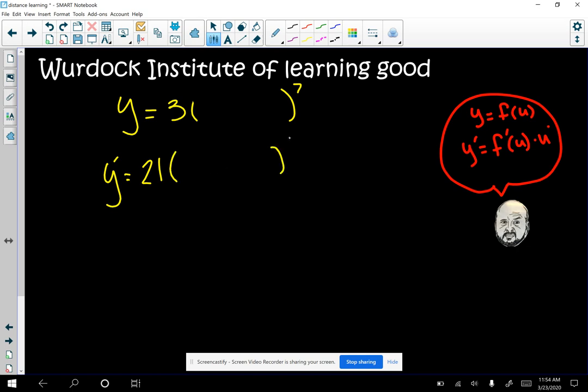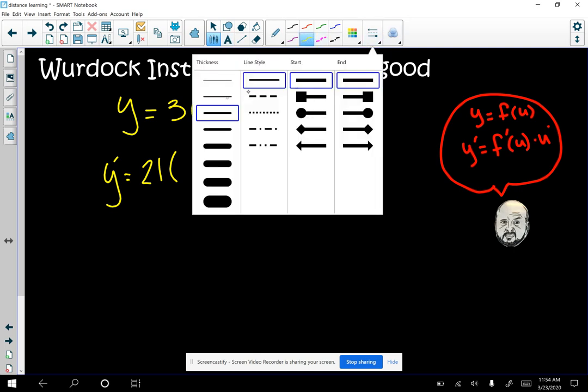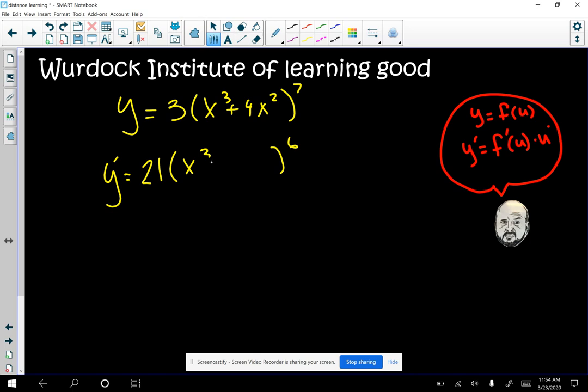The 7 goes out front, you multiply to get 21, the exponent drops. Now you still have the inside part, x cubed plus 4x squared, and now you multiply by the derivative of the inside: 3x squared, and the derivative of 4x squared is 8x to the power of 1. We'll call that good.